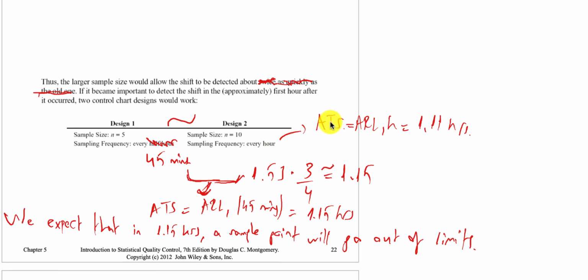For example, average time to signal for design 2 is 1.11 hours, because average run length 1 was 1.11 samples. We are multiplying this value with a time period. It is 1 hour, and it is 1.11 hours. So it is like the same if we are taking samples in every 45 minutes and the sample size is 5.